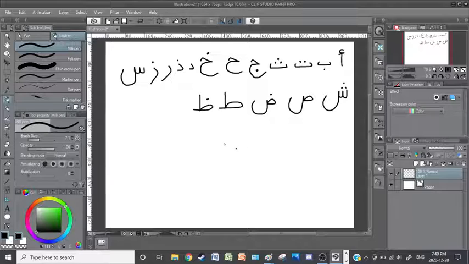Next letter, it is not a heavy letter, but it is somewhat difficult because there is no letter for it in English, so the dichotomy does not exist, unfortunately. It looks like a mirror image of the Arabic numeral 3. So instead of drawing it to the left, you will draw it open to the right.